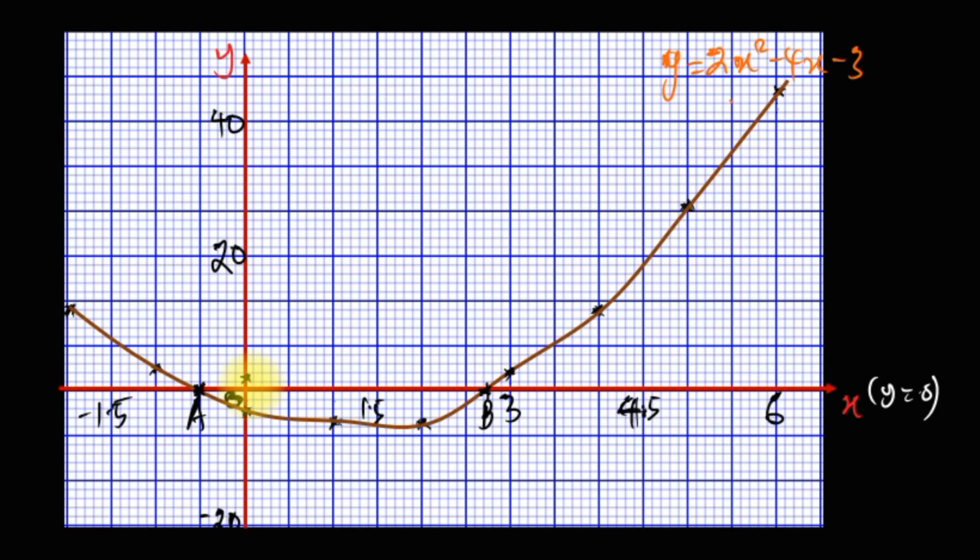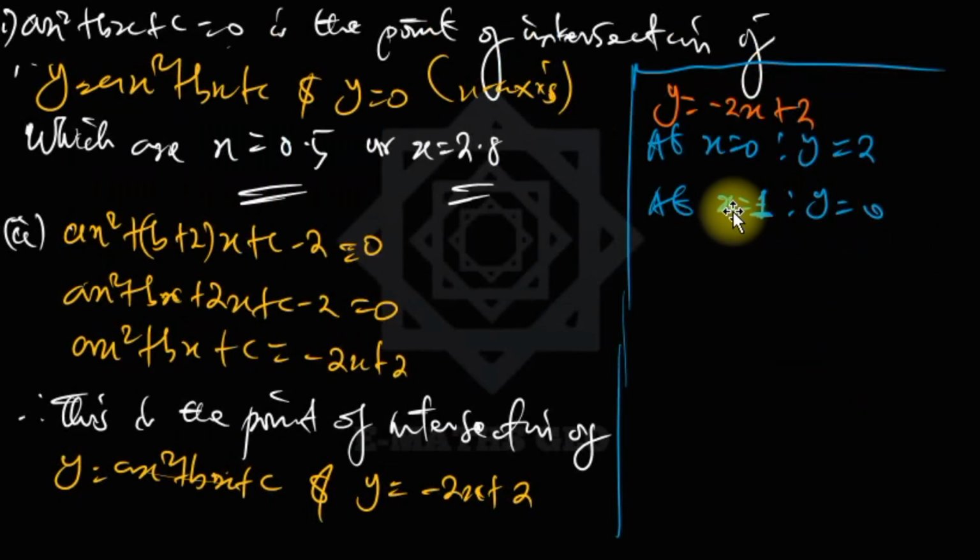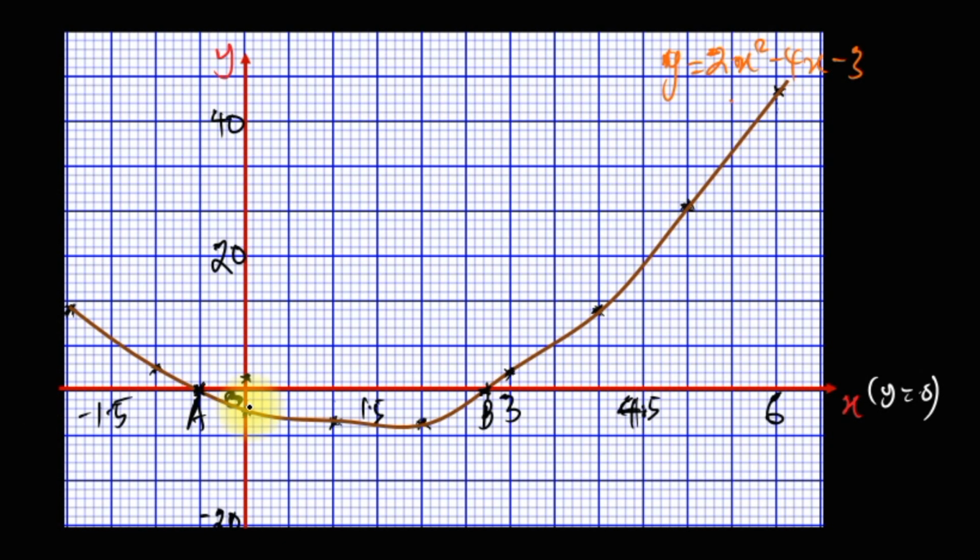That's the first point of the line. The second one, x equals 1, so 10 grid lines. So where x is 1, see it here, and y is 0, so on the axis.